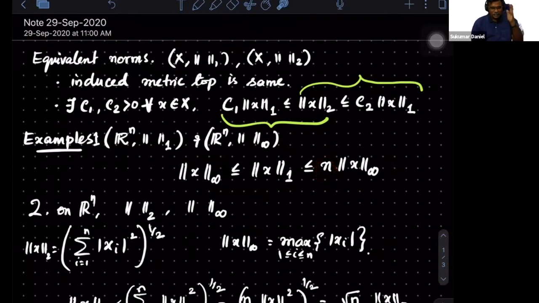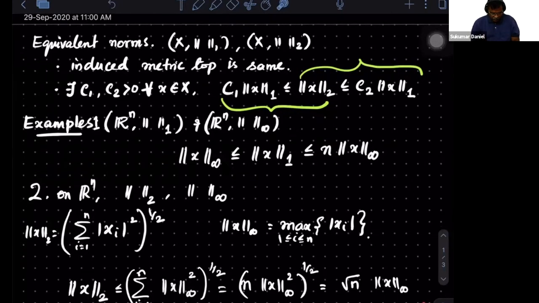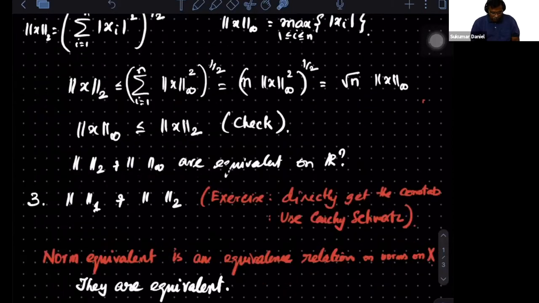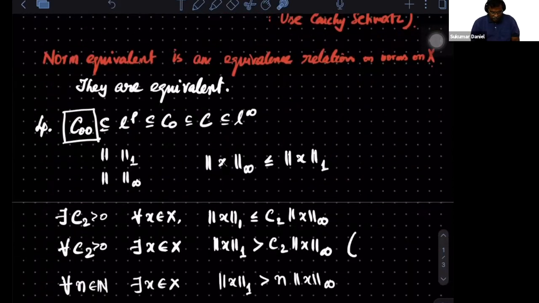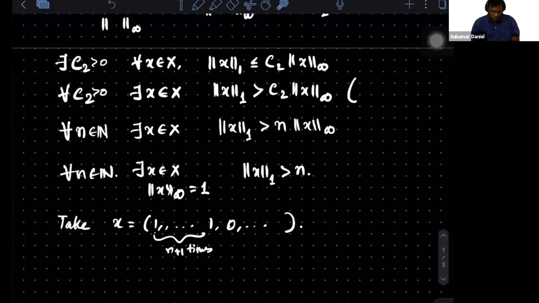But that's just an intuition. That is not the precise way of dealing with it. It only gives you an idea, but here it gives a precise idea. Now take this element. Whatever n you give, I will choose x as this. Then the infinite norm of this will be 1, and the one norm of this will be n plus 1, which satisfies this. And hence we are proving that these norms are not equivalent.